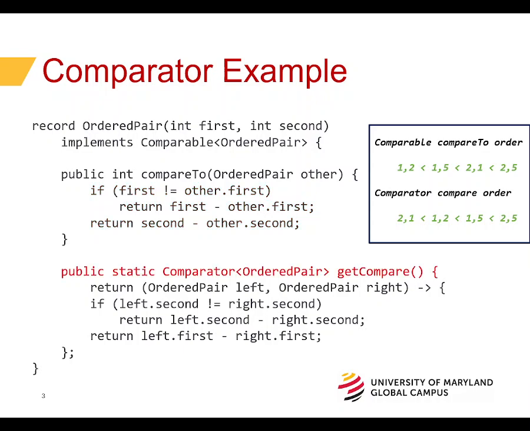Next, we define a class method getCompare that returns that comparator. Because comparator is a functional interface, we can return a lambda expression rather than explicitly instantiating an object. This method is very similar, except it treats the second element as most significant.